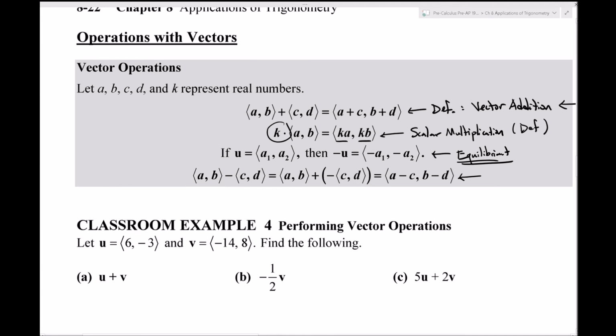When we multiply a vector by a number, you multiply both components by the same number. That's how you scale a vector. How do you add vectors? You add corresponding components, a and c together, b and d together. So it's the horizontals together, and then you add the verticals together. That's how you add two vectors. We're going to demonstrate that in number 4.